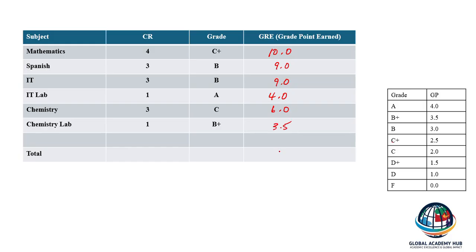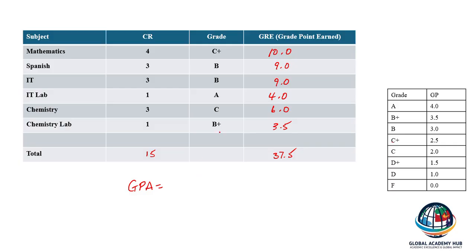When I add this all up for the totals, I get 37.5. What's my total credits? 4 and 3 is 7, and 3 is 10, 11, and 3 is 14, and 1 is 15. It's 15 again. So what's my GPA?